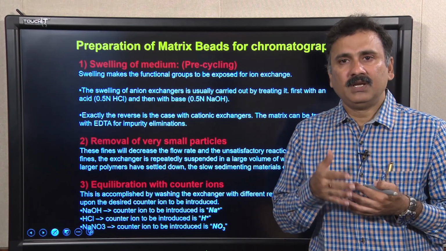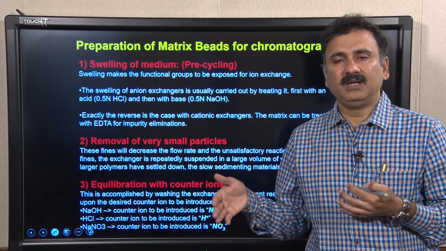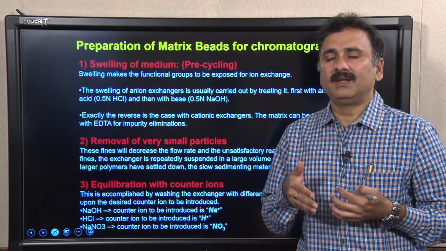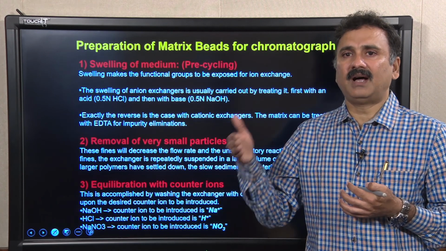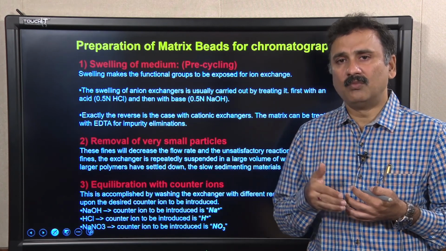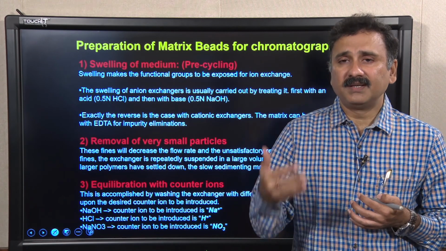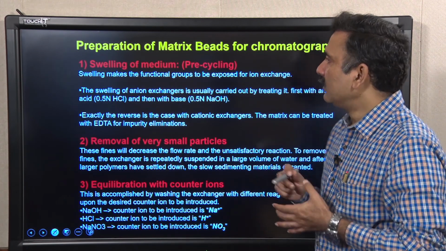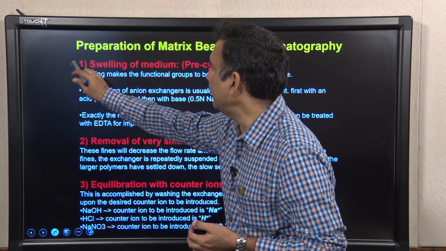They do not require any pre-processing and come in a ready to use mode, but in case some of these matrices are not in the ready to go mode, then you might have to process them to make them useful. Okay, so what are you supposed to do? You have to do three activities.